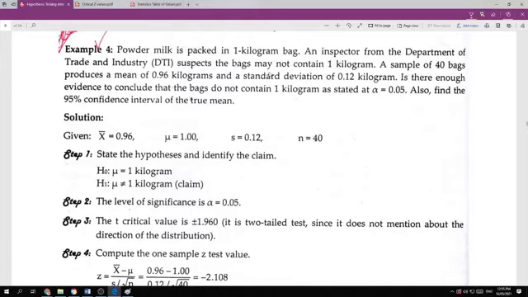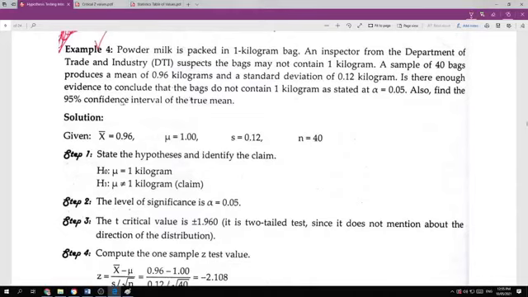A sample of 40 bags produces a mean of 0.96 kilograms and a standard deviation of 0.12 kilograms.